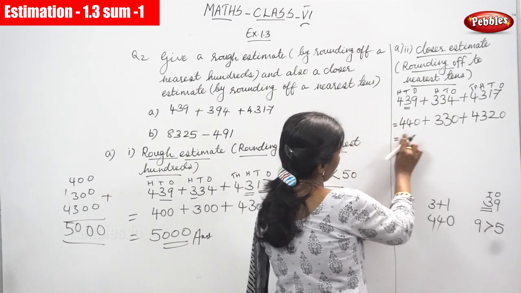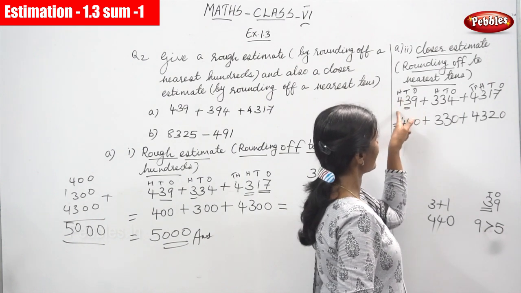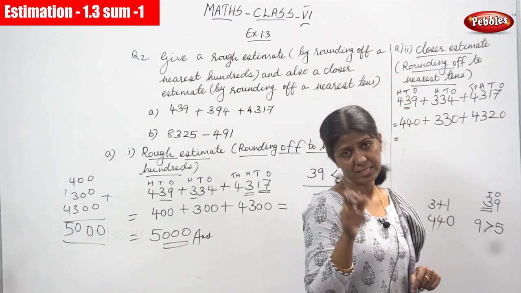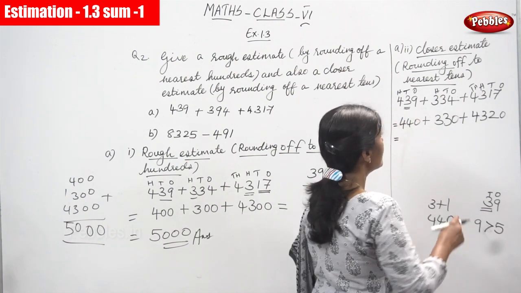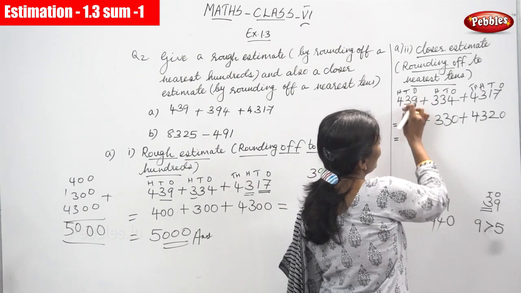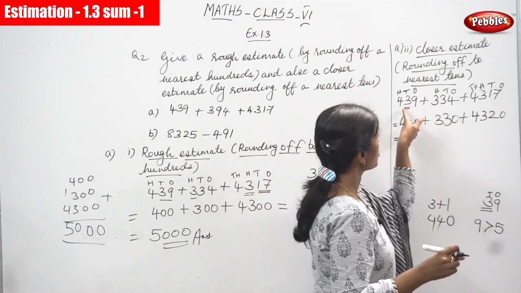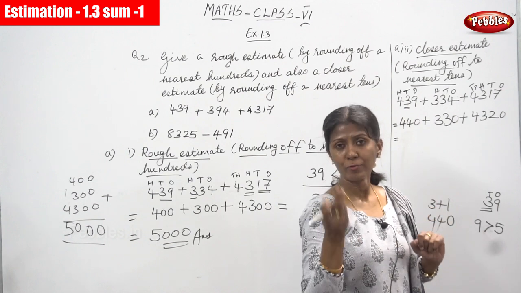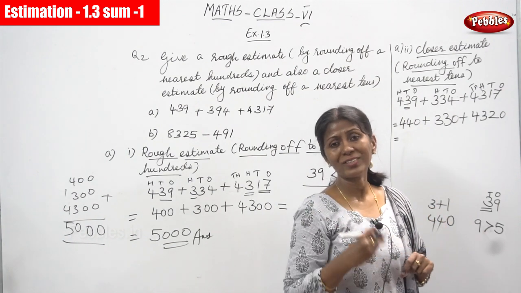I'll repeat the first one once again. So 439: hundreds place 4, tens place 3 and ones place 9. Okay, this is 439, so nearest to 10 only. You have to consider the tens place value. What is the number in the tens place? 3. But you should not consider only the tens place value. You have to consider the ones place value also. Then only can you round off to the nearest 10.